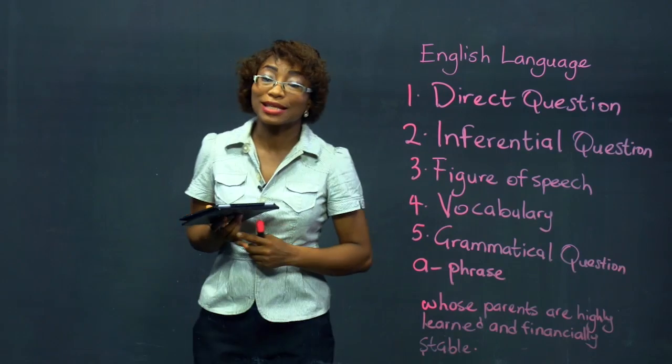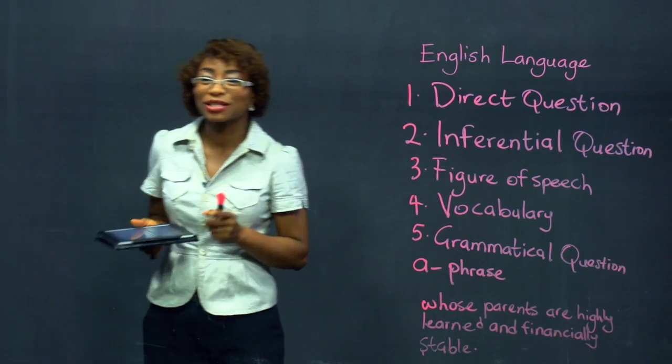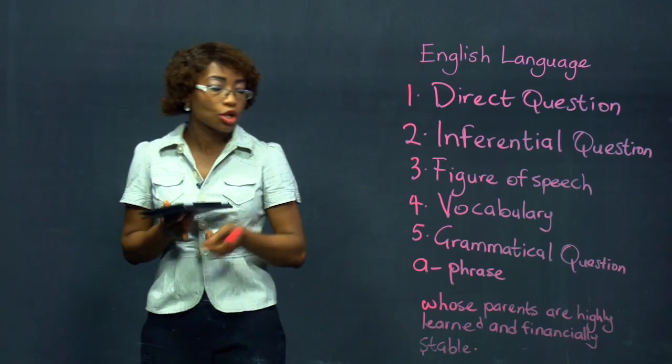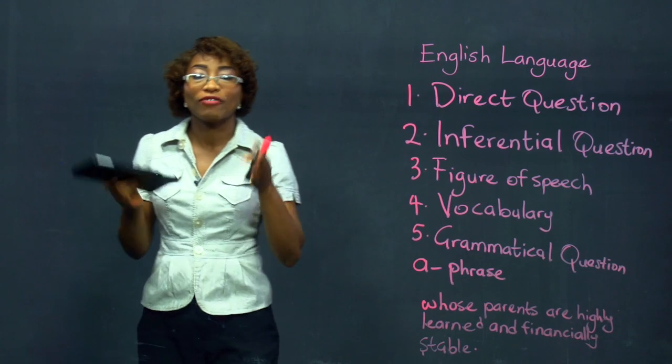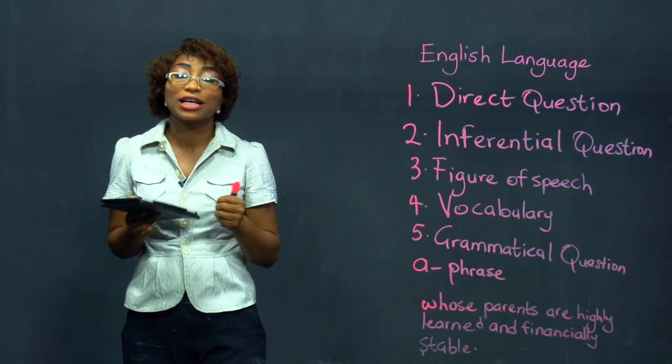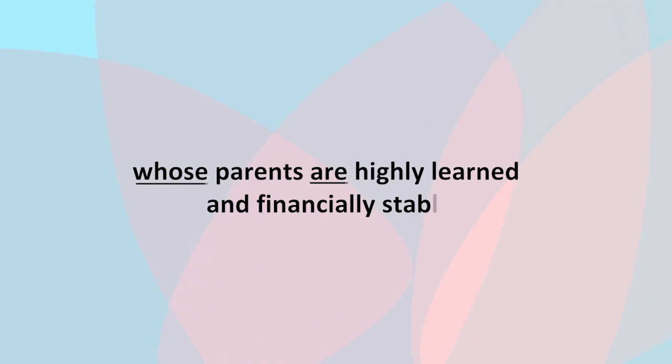First of all, it has a subject. What's the subject there? The people or the person or the thing that we're talking about. Whose parents are highly learned and financially stable. We have a noun there, we have a subject, and the subject is parents. We have are there as the verb. And then we have whose, which indicates that that is an adjectival clause.